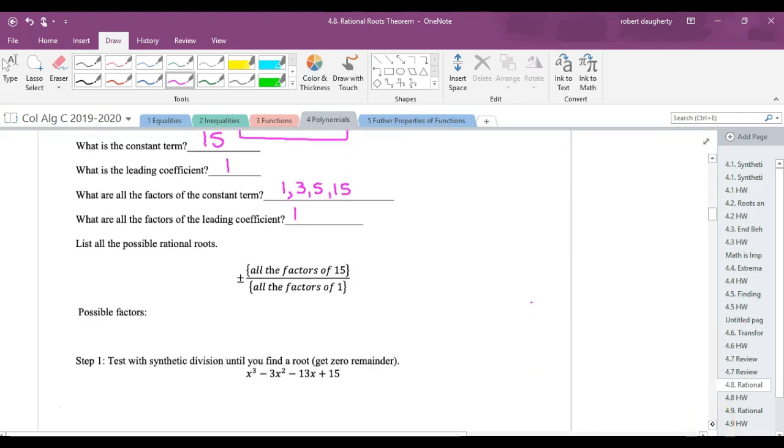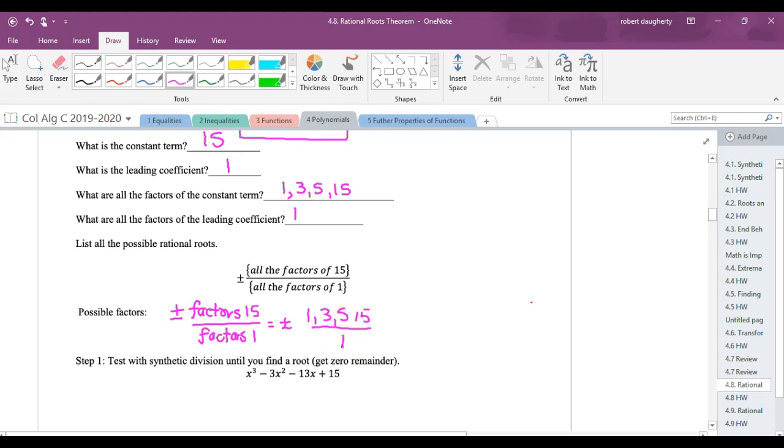So all I need are plus or minus, so it's going to be plus or minus the factors of 15 divided by the factors of 1. So this is plus or minus, we just talked about, the factors of 15 are what? 1, 3, 5, and 15. The factors of 1 are 1.